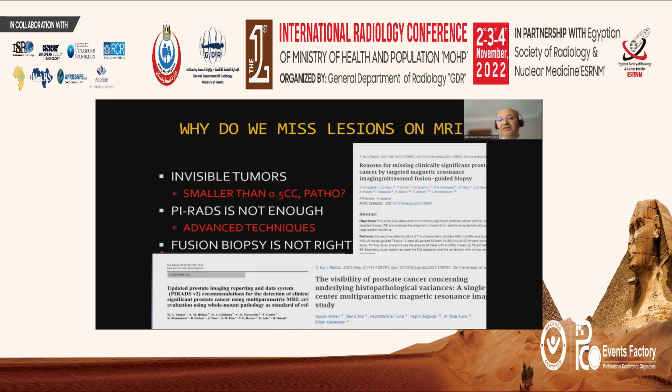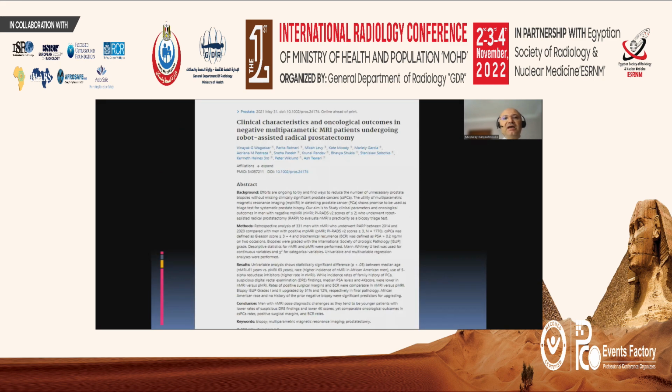Some are very small. Some PI-RADS is not enough. I'm going to show a case. And sometimes the fusion biopsy is not right. So you have to be aware of these facts. And you can see that actually the patients with negative multiparametric MRI undergoing prostatectomy for a tumor have a good outcome actually. So you have to be aware of this fact too.